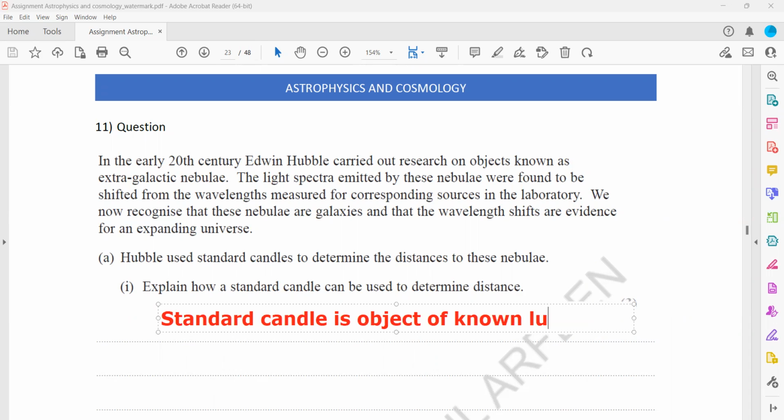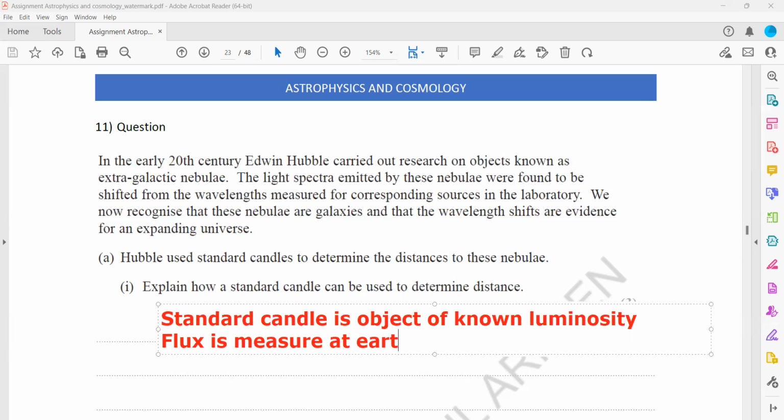After having a known luminosity, the brightness or the flux of the candle is measured at Earth. Then we use the inverse square law to calculate the distance, or you can just mention the relation F is equal to luminosity divided by 4 pi d squared. So L and F are known, and we can work out the distance.